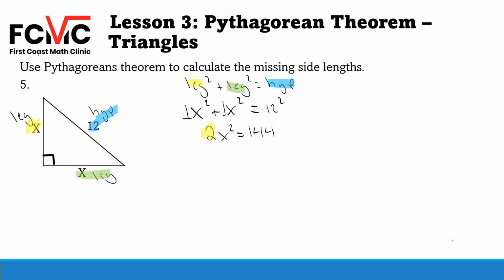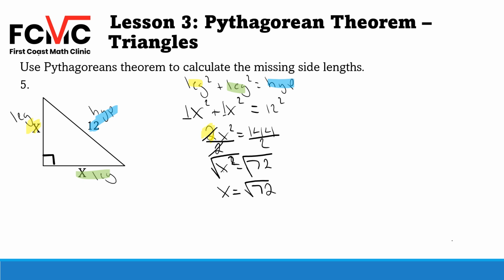So I'm multiplying by this 2. So to undo multiplying by 2, let's divide by 2 and divide by 2. 2's on the left cancel out. So I get x squared equals 72. Now I'm squaring. So to undo squaring, let's take the square root. Square root and square cancel out. So I'm left with x equals square root of 72.